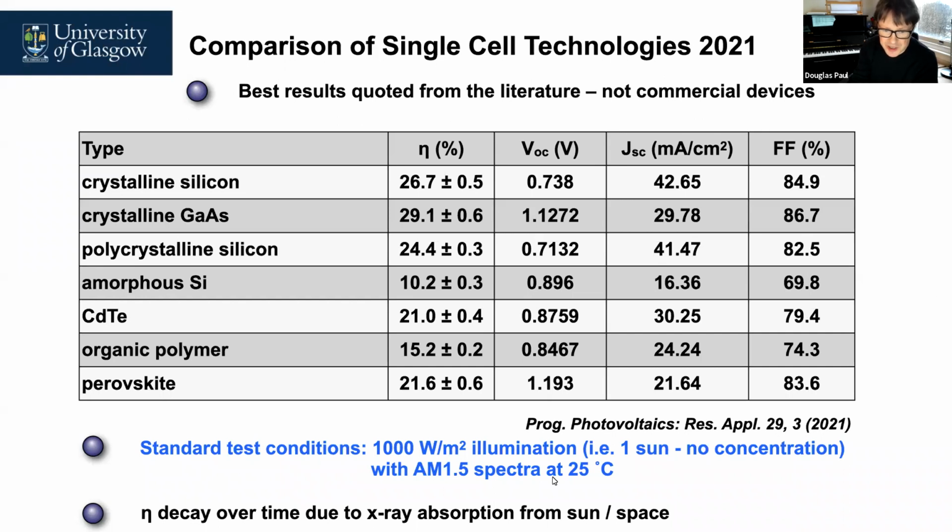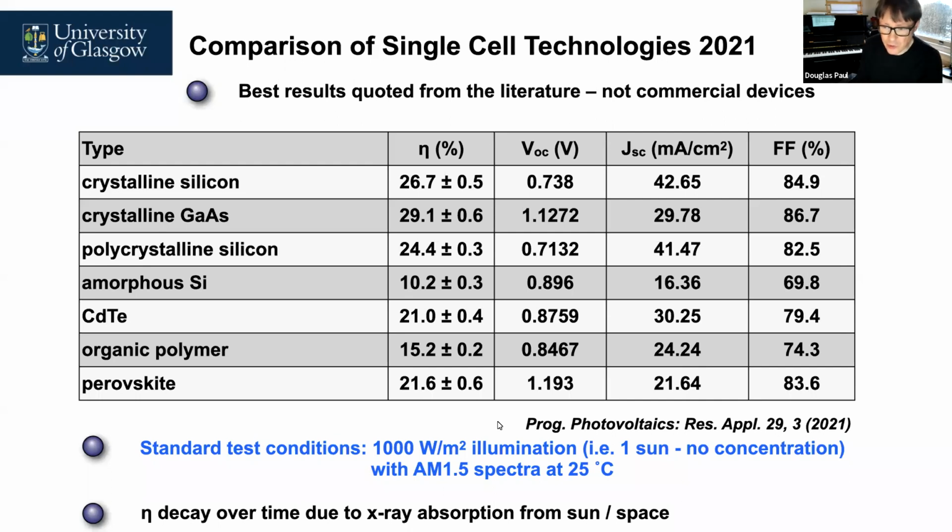And over time, these solar cells are out in the sun. You're going to get X-rays, you're going to get all the solar energy with the ultraviolet, high energy particles from space and the sun. And actually that puts damage into the semiconductors that trap electrons and holes, and that reduces the efficiency over time.